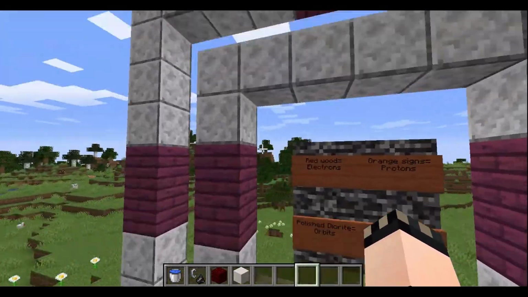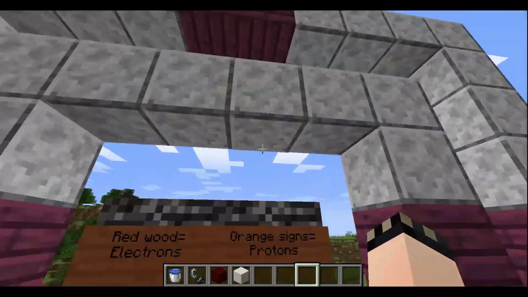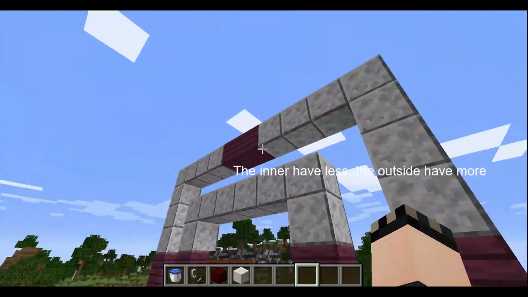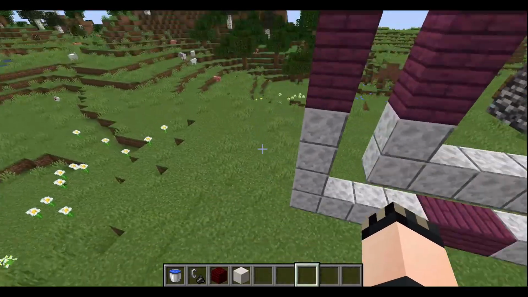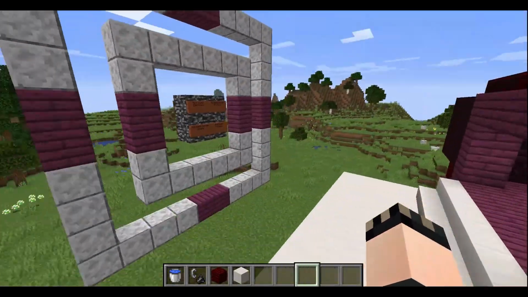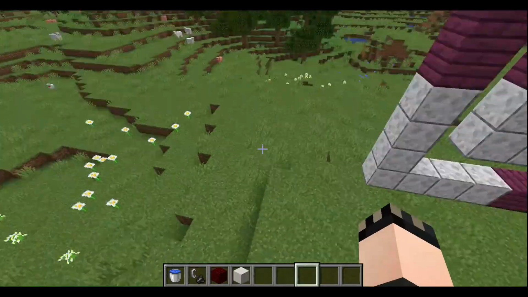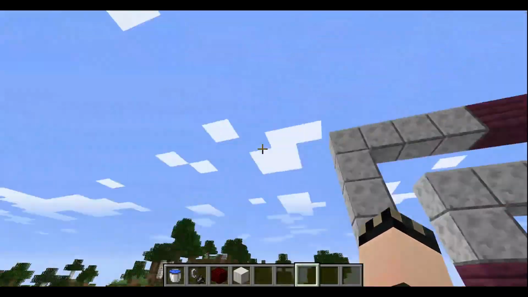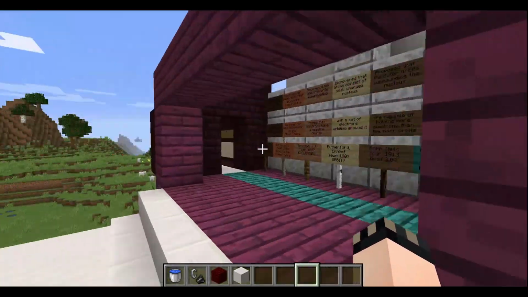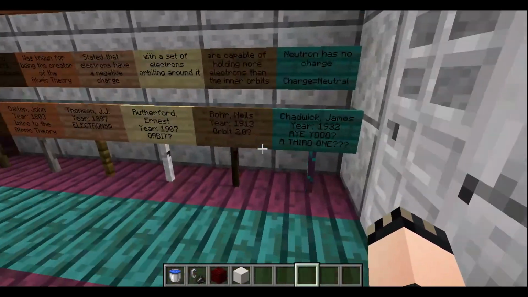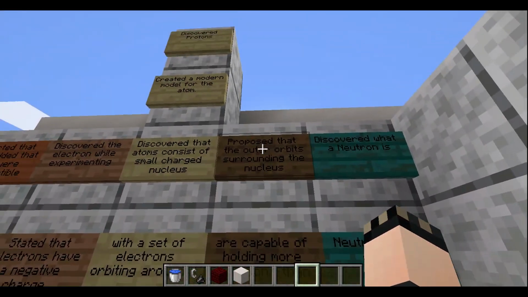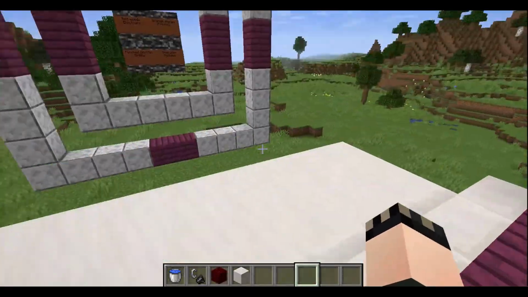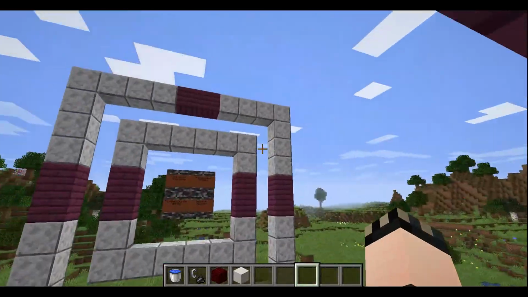So the inner one holds less than the outer one. So if I make another orbit, it can hold even more. It can hold 8. If I make one after the 8th one, it can hold like 16, and so on and so forth. So, yep, that's basically what Bohr proposed, that each orbit could contain even more electrons than the inner ones.